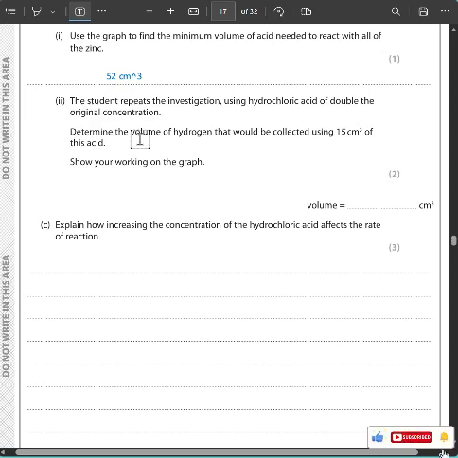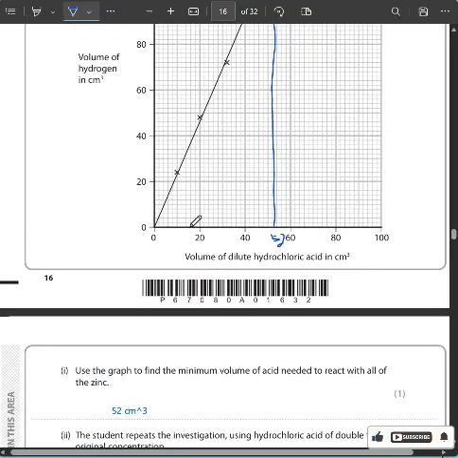Determine the volume of hydrogen that would be collected using 15 centimeter cube of this acid. Show your working on the graph. Okay, first we should draw a vertical line from 15 centimeter cube of acid to the graph. It will go here, around 34 centimeter cube.